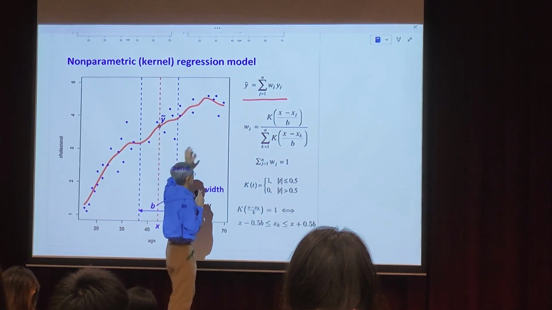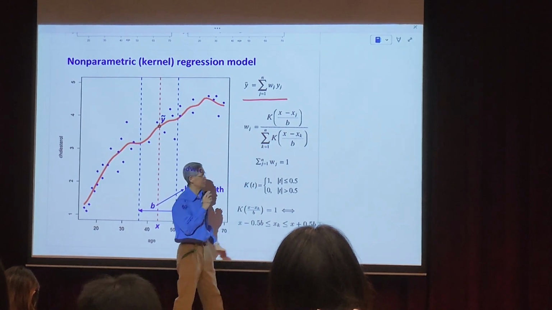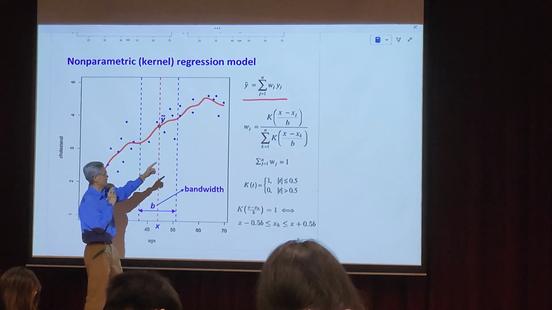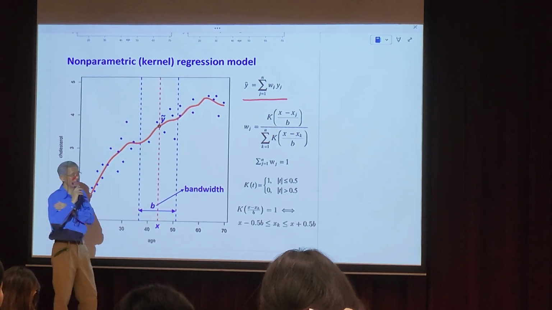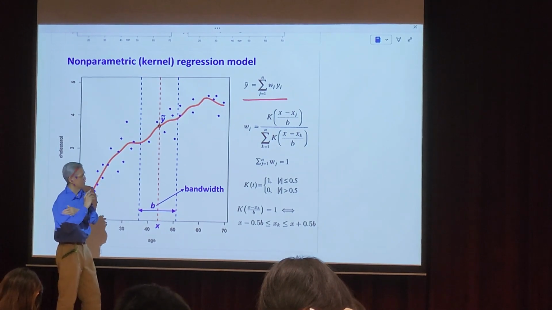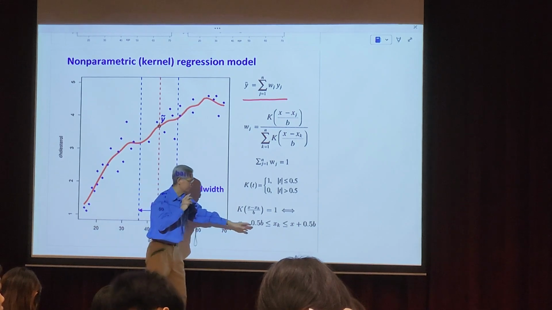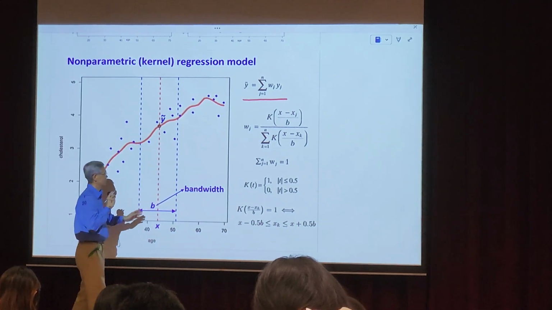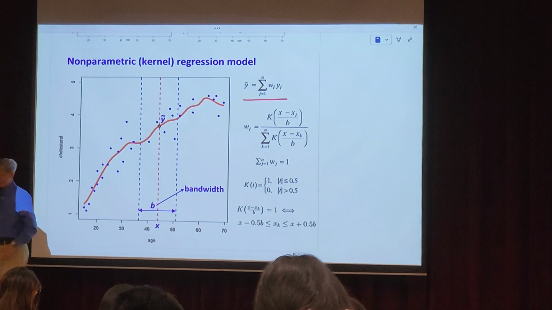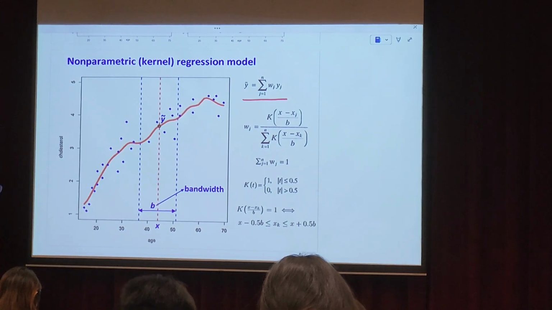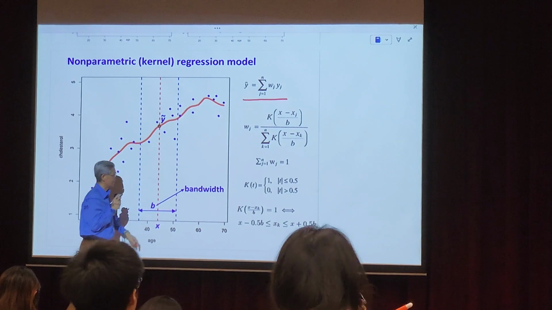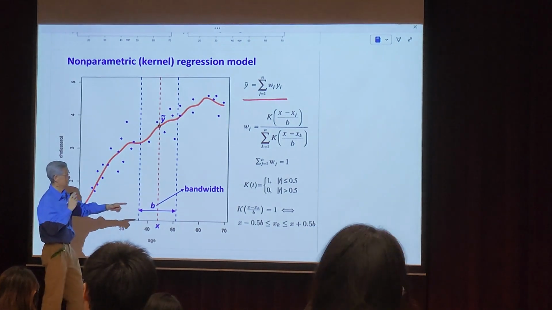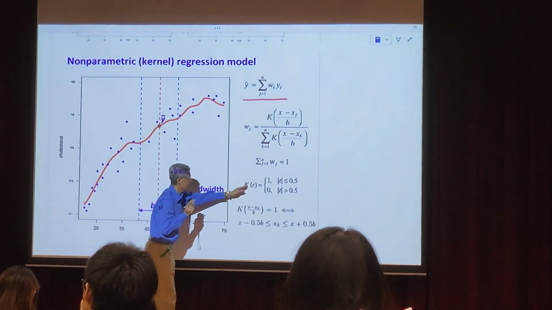So if there are 6 points, the denominator here will be 6. And then the weight will be 1/6 for each of these Y values. So that's what it is. And so this is the mathematics that describes how you find the average of all these Y values at a particular X value, using this notation here, K.